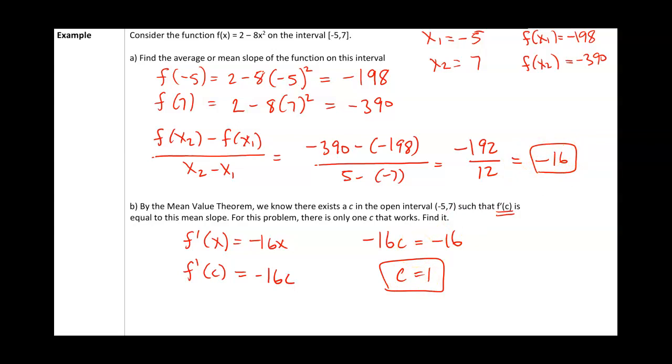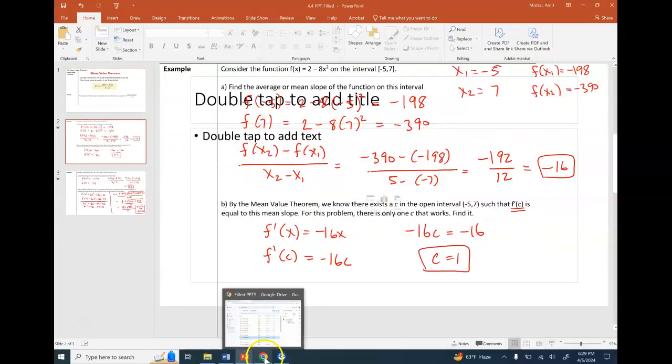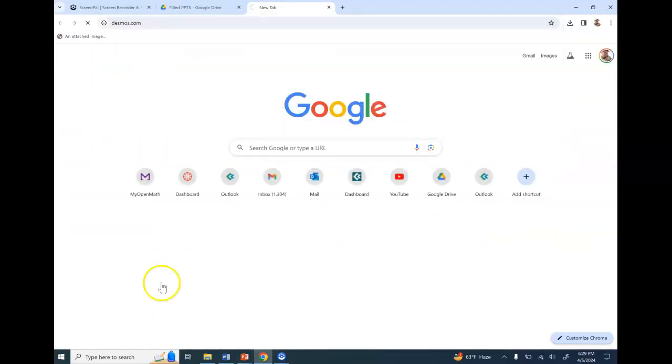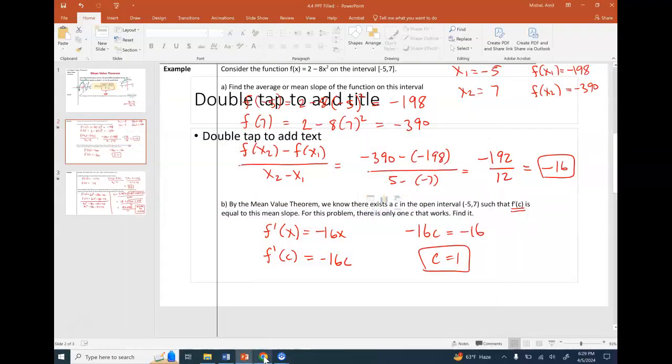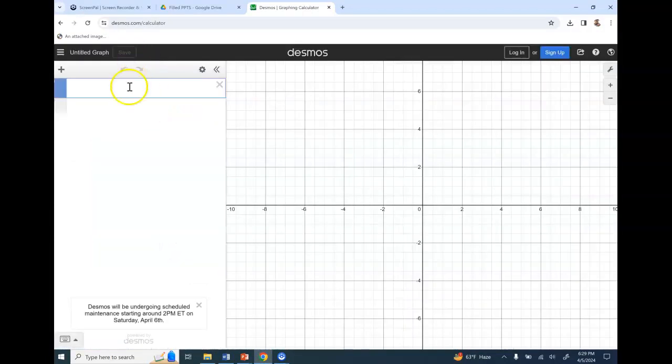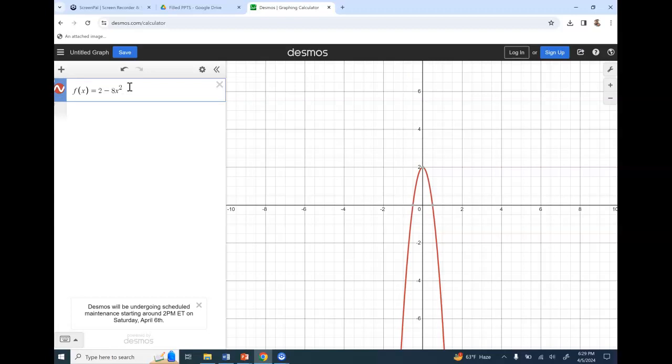Now, graphically, what is that going to look like? If we go to desmos.com and graph this function, f of x equals 2 minus 8x squared, we're going to limit it to a certain interval.